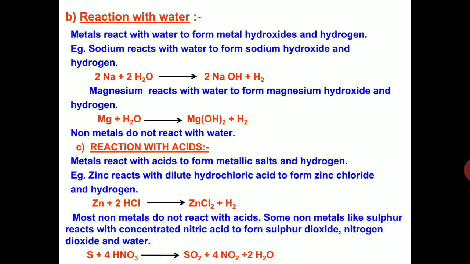This is the chemical equation of that reaction. Similarly, magnesium reacts with water to form magnesium hydroxide plus hydrogen. So generally we can say metals react with water to form metal hydroxide and hydrogen.